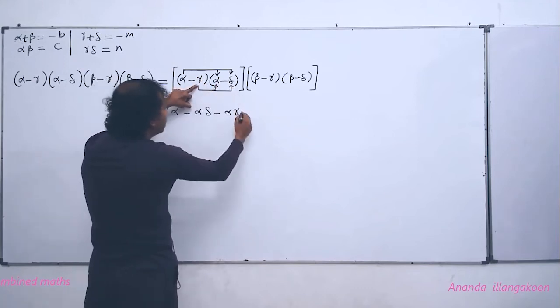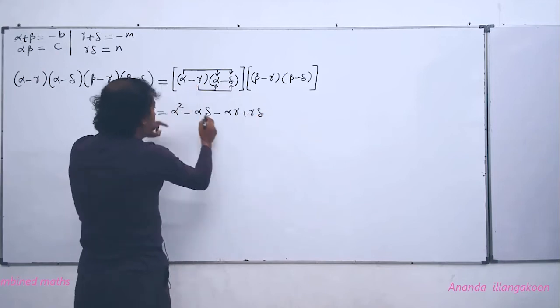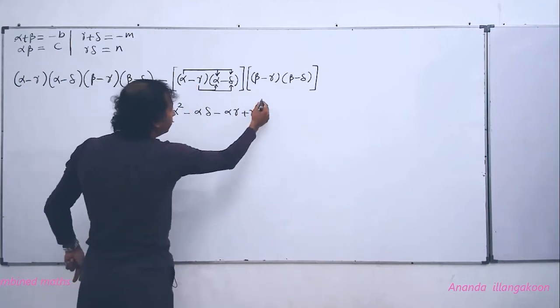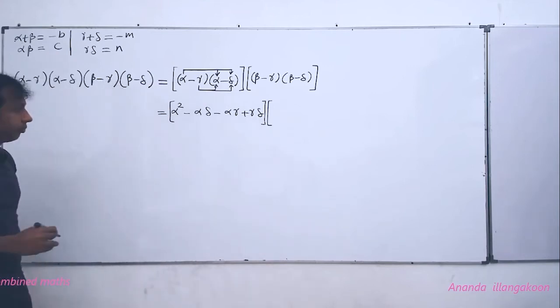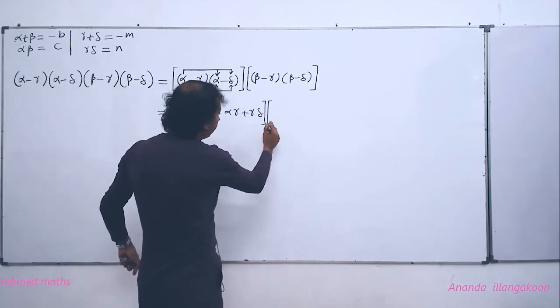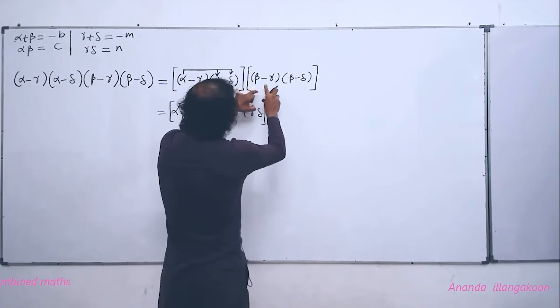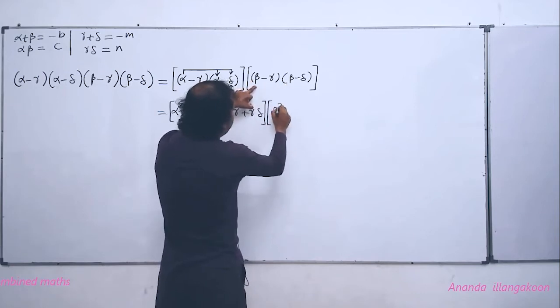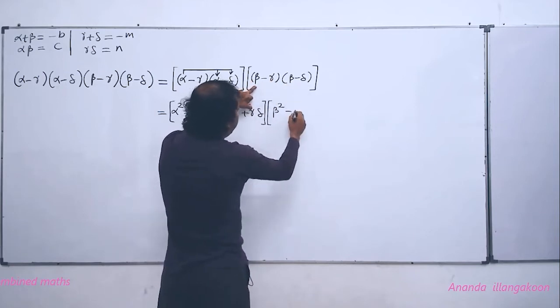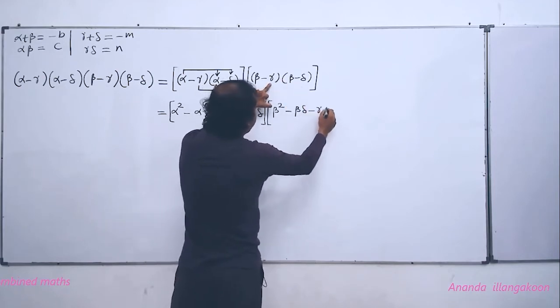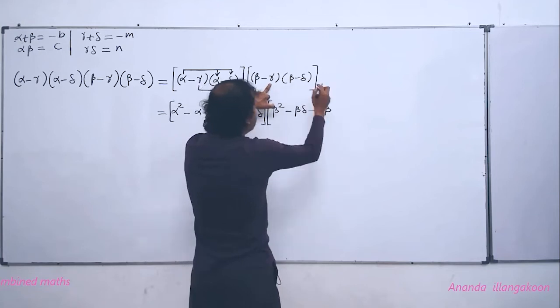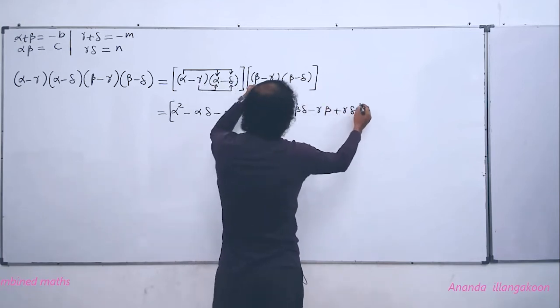Minus minus plus gamma delta. Next one. Beta and beta. Beta squared. Beta and delta. Beta delta. Gamma and beta. Minus gamma beta. Minus minus plus gamma delta. This is what we have.